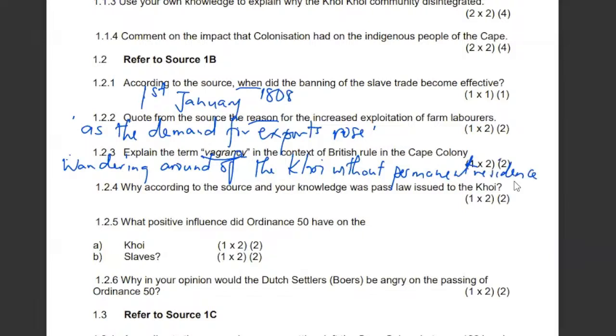The Khoi were just wandering around without any permanent settlement or any permanent place of residence. Right. Moving on to the next question.